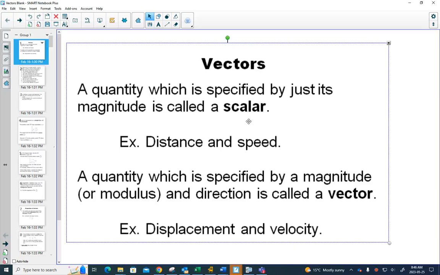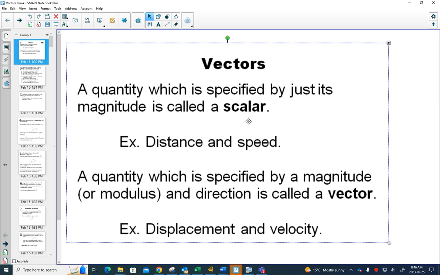Vectors. So a couple key definitions. The difference between a scalar and a vector is that when you just measure something by its length, its weight, just one measurement is called a scalar. So if I said, I went 5 kilometers, you don't know where I went 5 kilometers, it's not very clear, then that distance is a scalar.